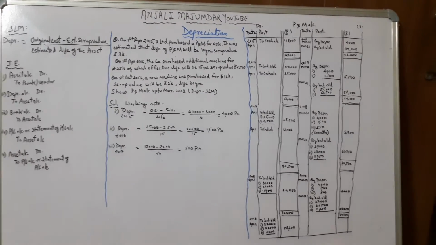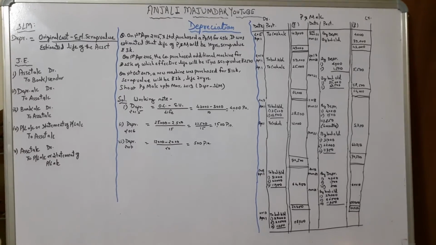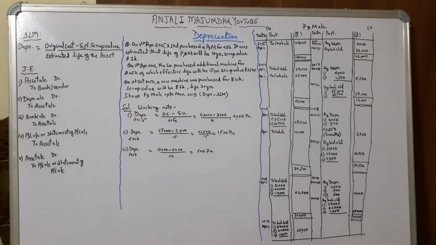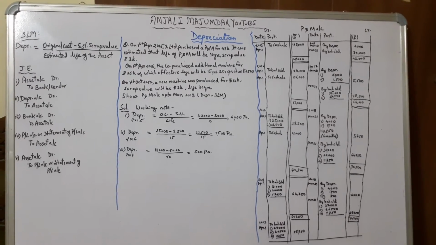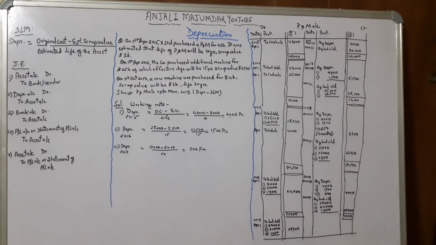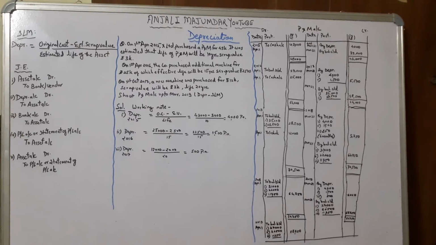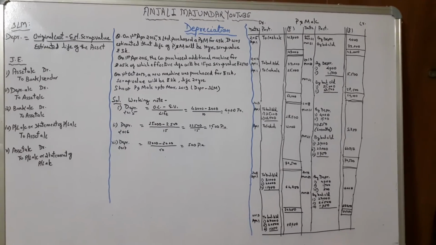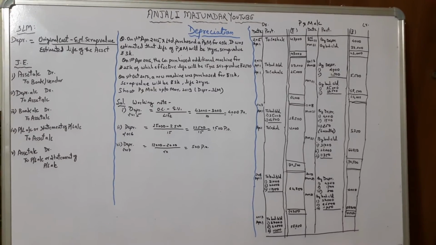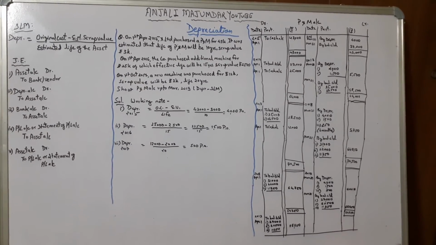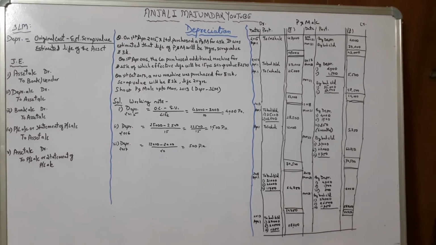So now again we will calculate balance carried down. How to calculate balance carried down? All you have to do is, from the balance brought down amount, deduct the depreciation charged in the same year. So 35,000 minus 4,000 gives you 31,000. 23,500 minus 1,500 gives you 22,000. And in the same manner, 12,000 minus 250 gives you 11,750.